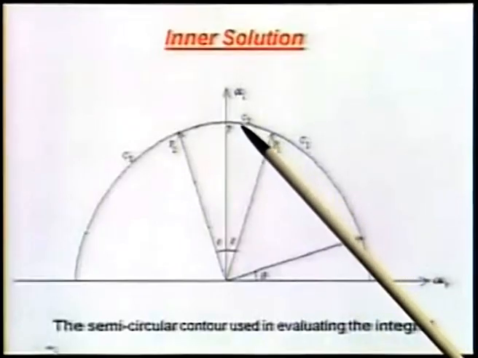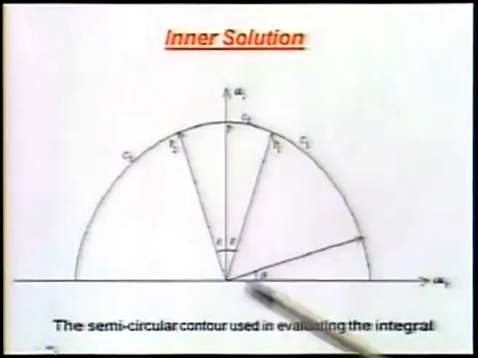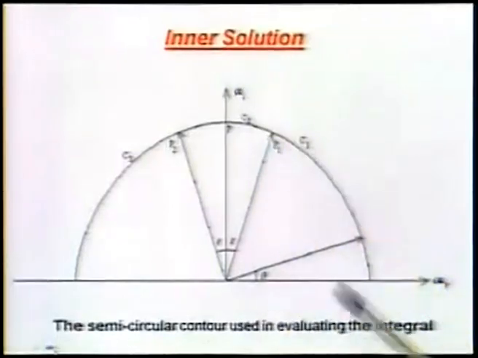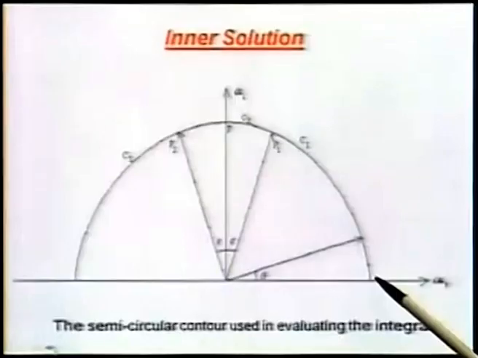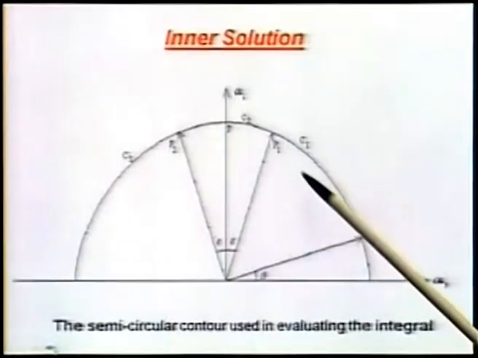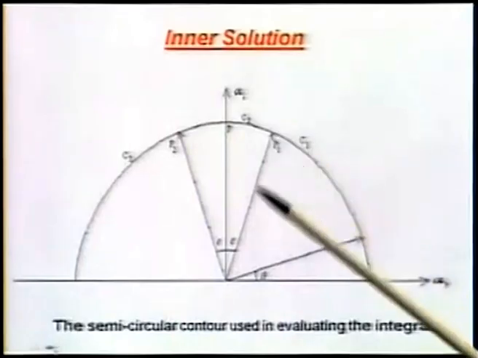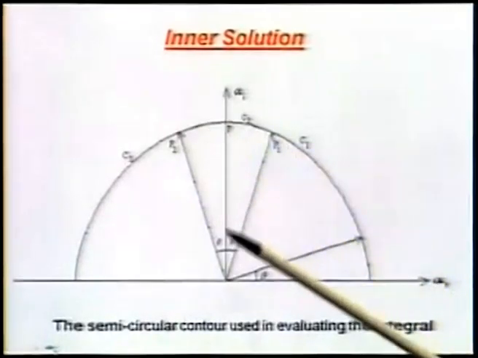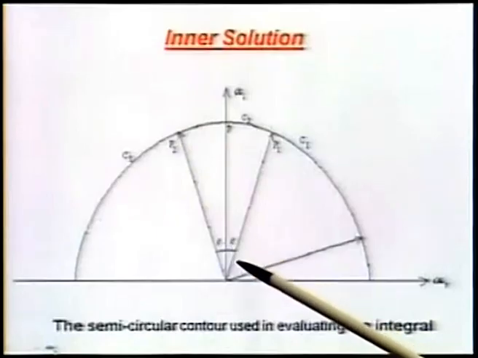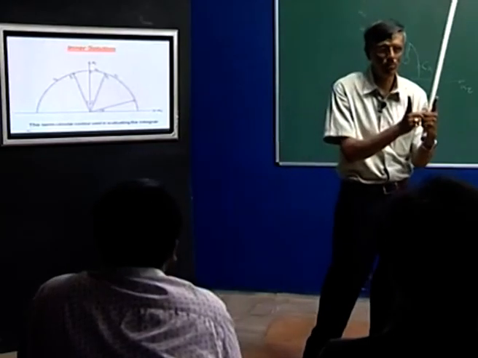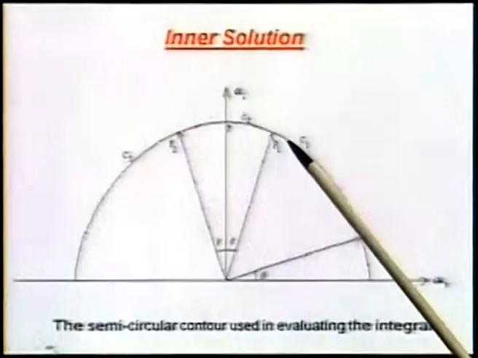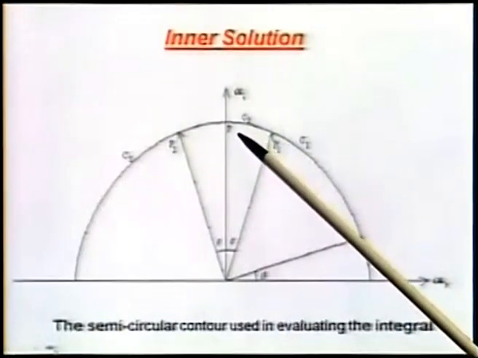So, what happens is there is a kind of a discontinuity at this imaginary axis path. So, to avoid that kind of a problem, what we do is fragment the semicircular arc into 3 parts. The first part is going from real axis up to a point here. These points P1 and P2 are defined by this small angle epsilon. So, in the limit we would make this epsilon go to 0, so that P1 and P2 will approach P.